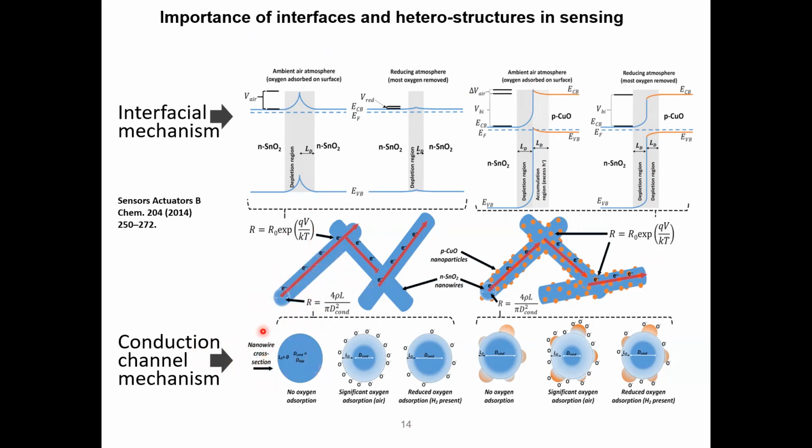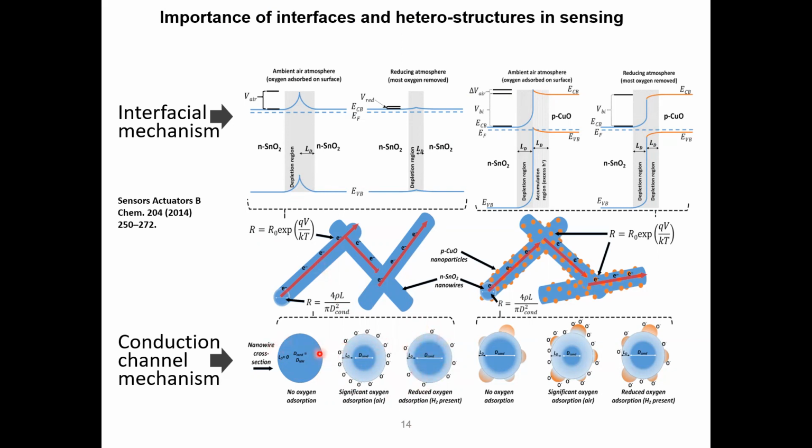You can see that that's the width of the conduction channel before the absorption of oxygen gas. Once you absorb oxygen on top of that nanofiber or nanowire, you create this electron depleted layer. So you basically shrink the width of the conduction channel. And then when you expose it to the gas phase, now you can see that you're opening up the channel.